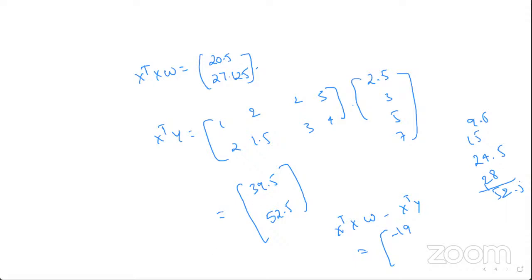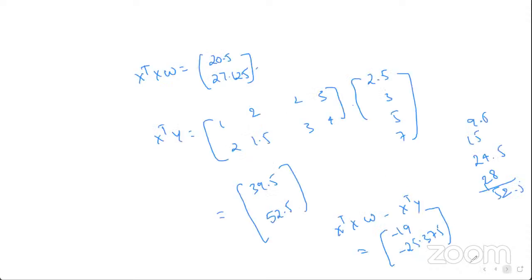Can someone tell me? 52.5 minus 27.125. Okay, that's going to be equal to minus 25.375. Okay, this is the gradient one.